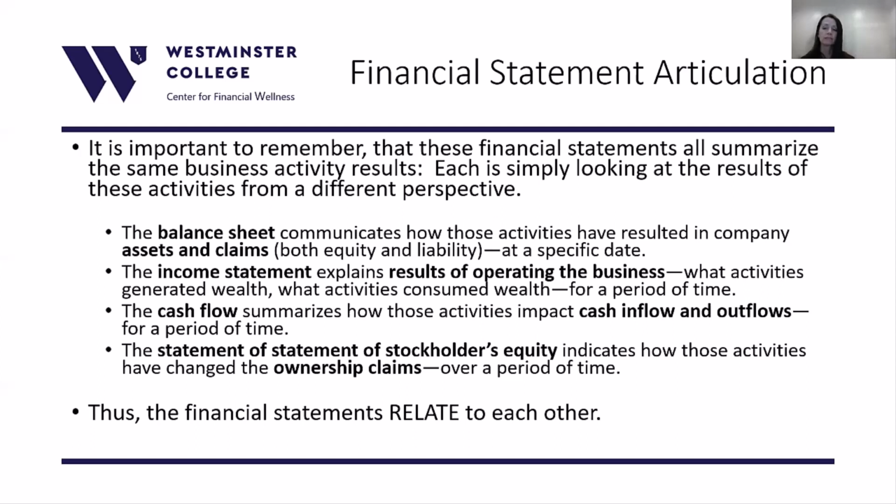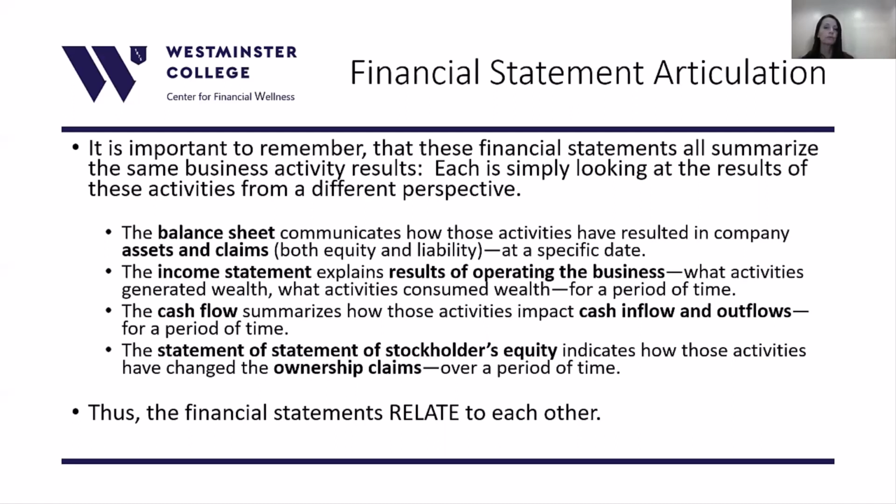The balance sheet communicates how those activities have resulted in company assets and claims, both equity and liability. The cash flow summarizes how those activities impact cash flows, inflows and outflows, in operating activities, investing activities, and financing activities. Then finally, the statement of stockholders' equity indicates how those activities have impacted our ownership claims.